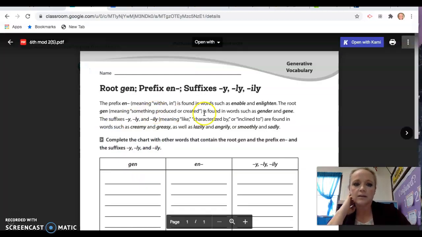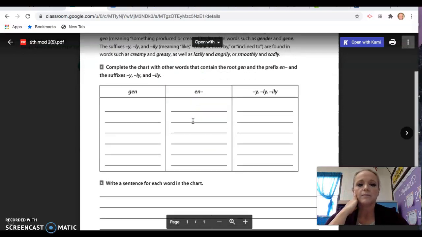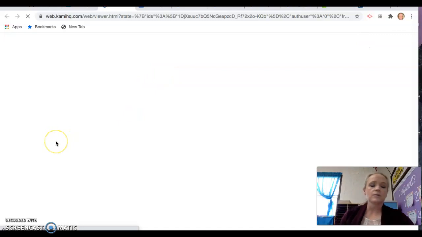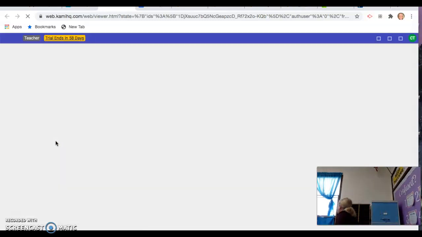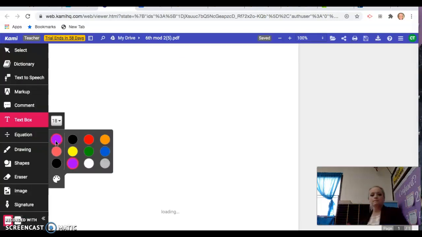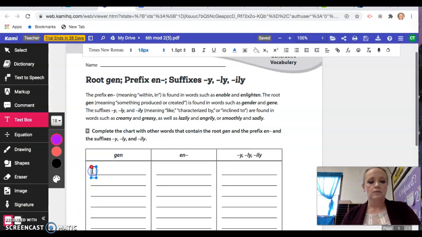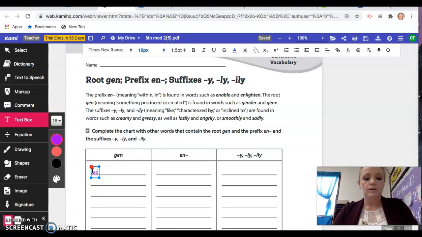So start with the one that has your prefix and suffix and your root at the top. And basically today we just typed in some examples of these words. And you can certainly type these same words in yours, or you can come up with different ones. It is up to you.